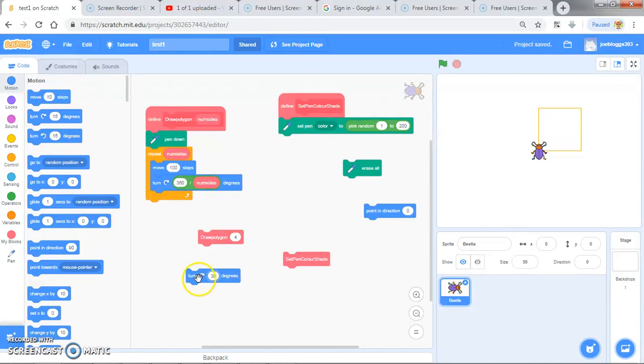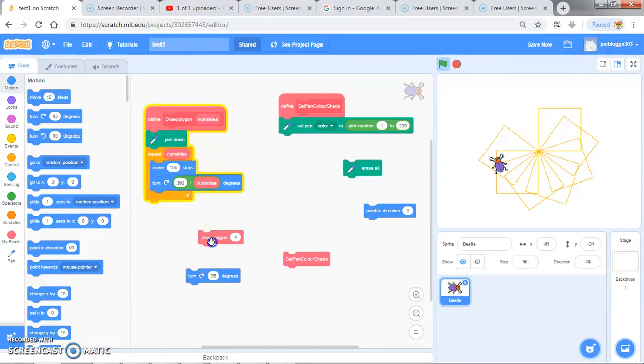So if we get him to turn 36 degrees and we draw the square again and same again, and then see what I'm doing each time, I'm just turning him in a little bit so he draws the square, and you can see the draw polygons beginning to take shape, the whole sort of petal structure of a flower, if you like.